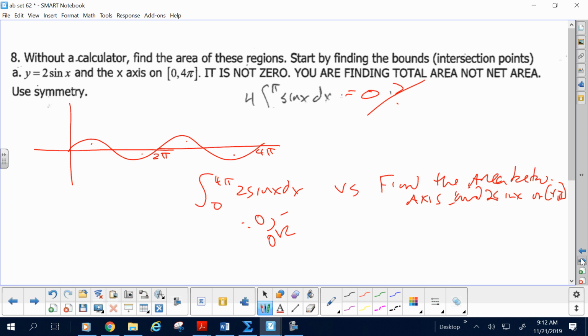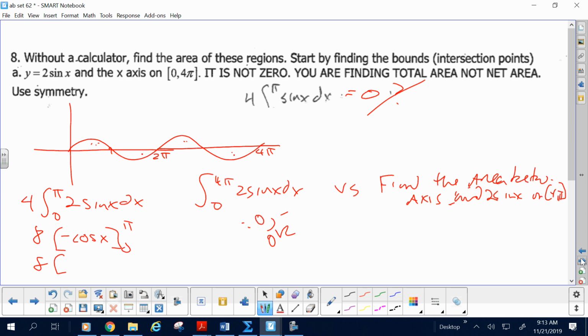Do use symmetry, however. Wouldn't you say that this is 1, 2, 3, 4 regions that are exactly the same? Yes. So let's use that. 4 times a single region from 0 to pi. Cool? That's 8 times, what is the antiderivative of sine? Negative cosine from 0 to pi.